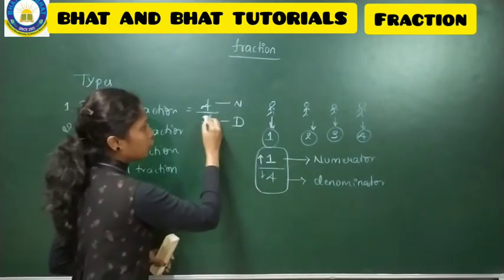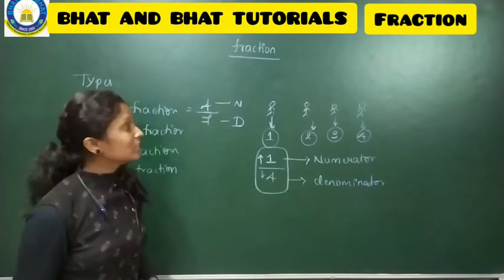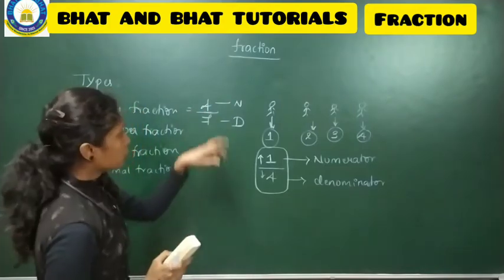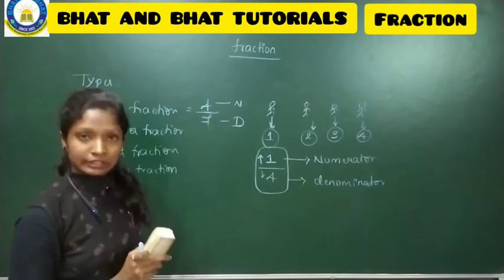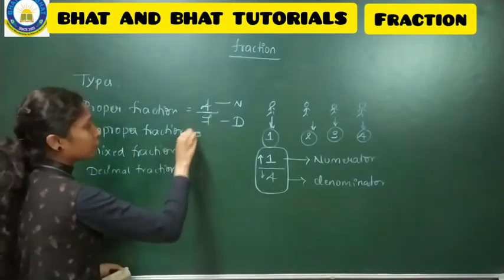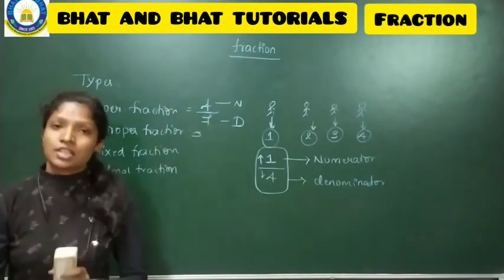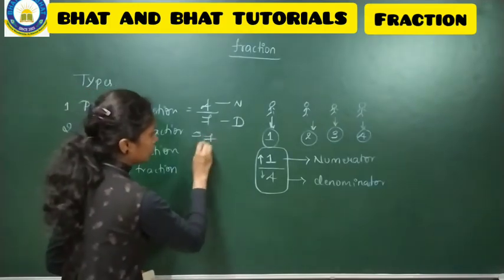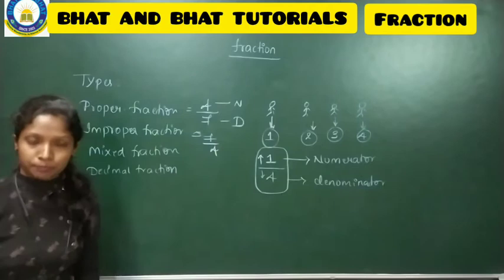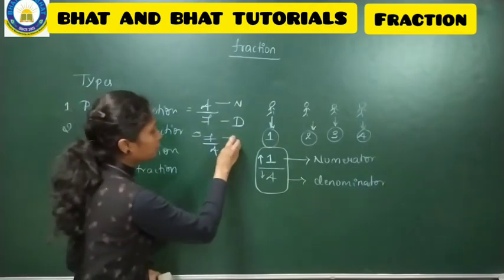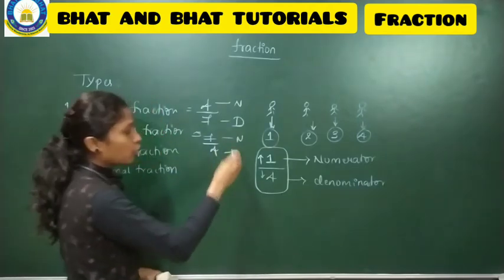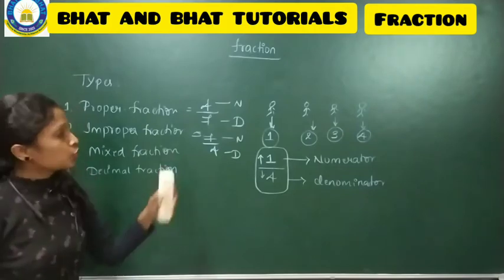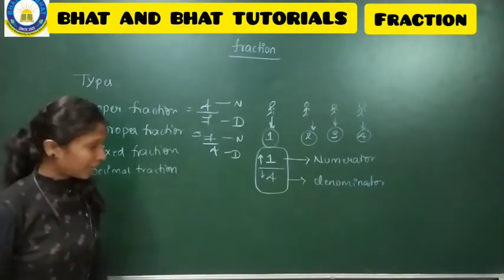When I compare to the denominator, the numerator value is decreased, correct? So where the numerator is lesser than the denominator, that type of fraction we are going to call a proper fraction. And when I come to improper fraction, it is the vice versa of proper fraction, where the numerator will be more and the denominator will be less. So this is the second type of fraction.